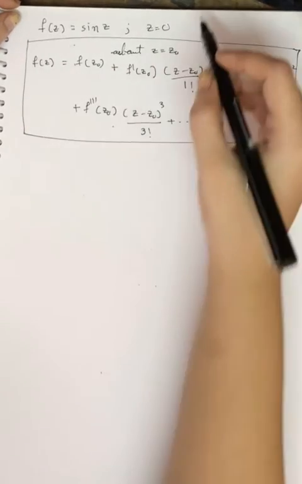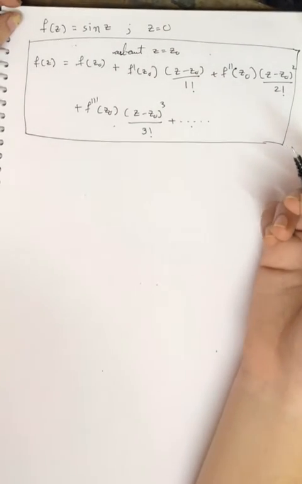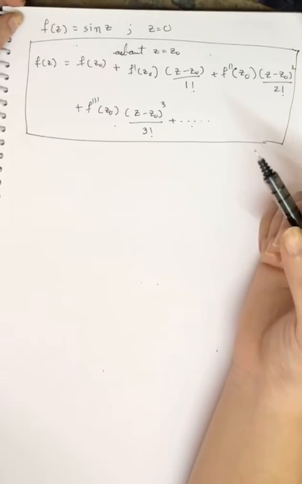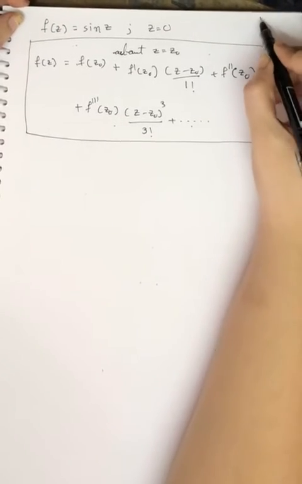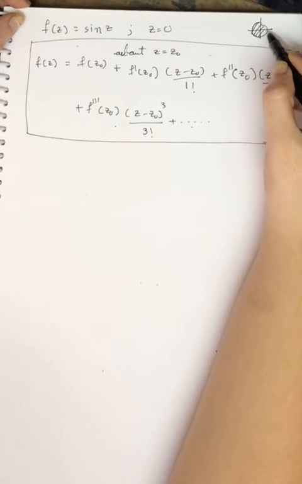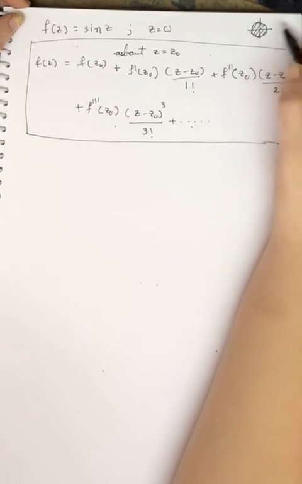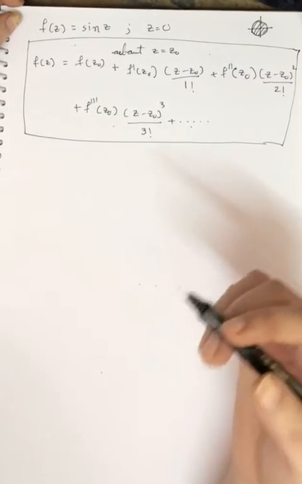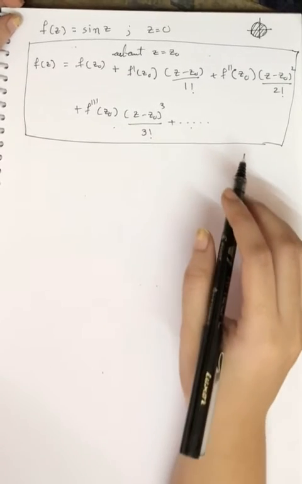We are already told that we have to do the Taylor series expansion, therefore we are not going to check whether the function is analytic inside this circular region or not, this closed region or not. That we are not going to check because we are already told to do the Taylor series expansion.